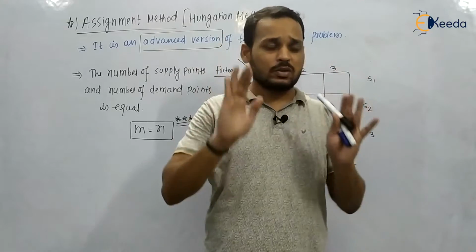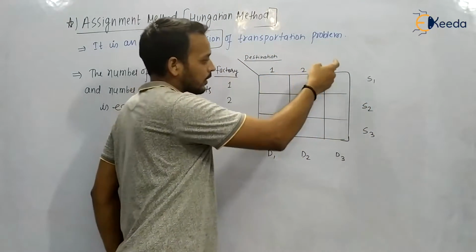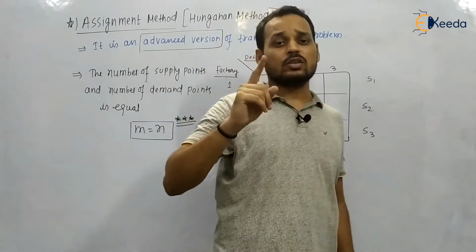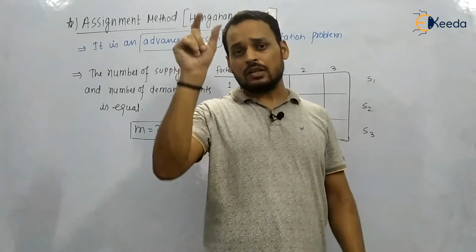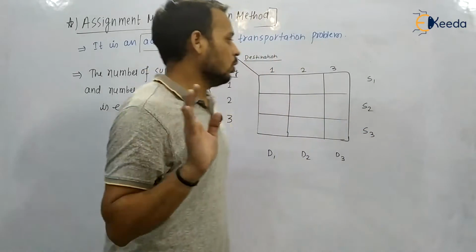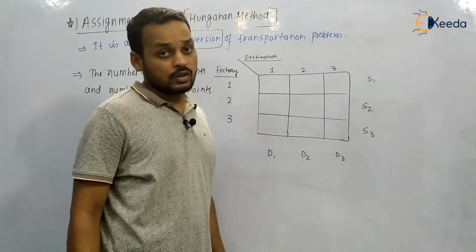The number of supply points is 1, 2 and 3, and the number of demand points is also 1, 2 and 3, so both should be equal.